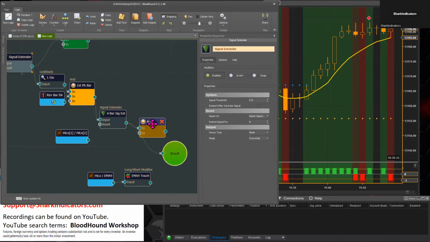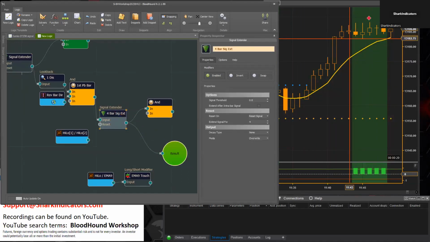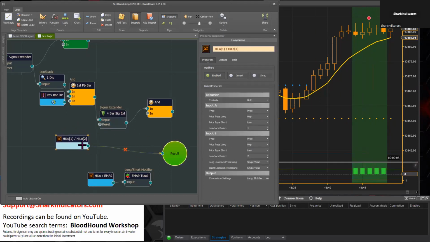Actually, let's look at that. There we go. The signal extender is extending a potential long signal for a potential long trade setup, so I'm going to use a short signal to kill this long output.